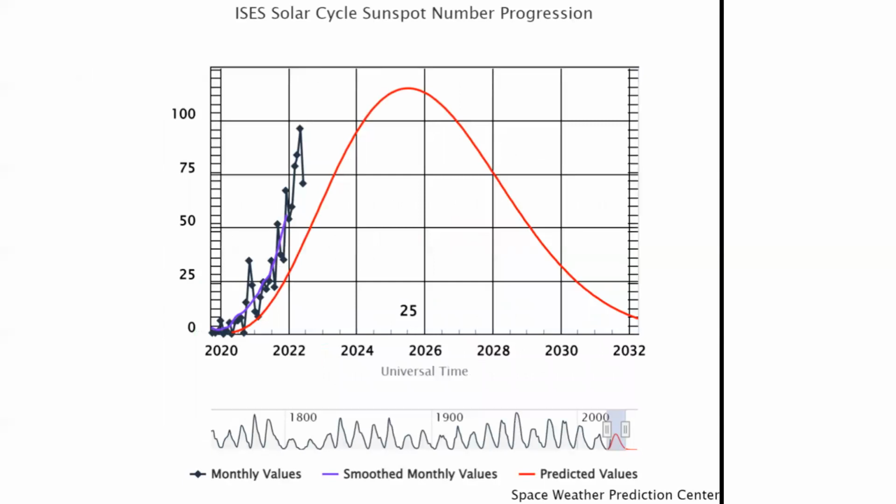And since we talked about the solar cycle, this is the current cycle. And they're plotting some data here. The bell-shaped curve is the predicted solar cycle.